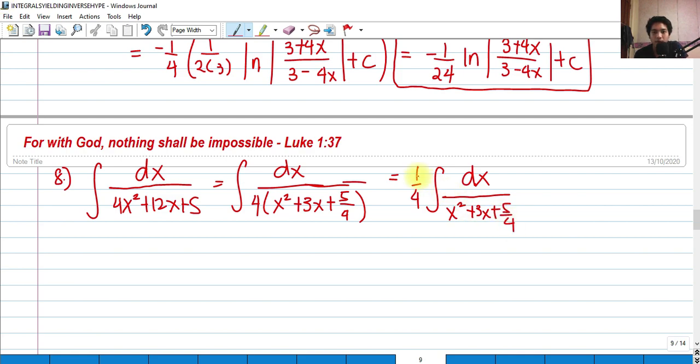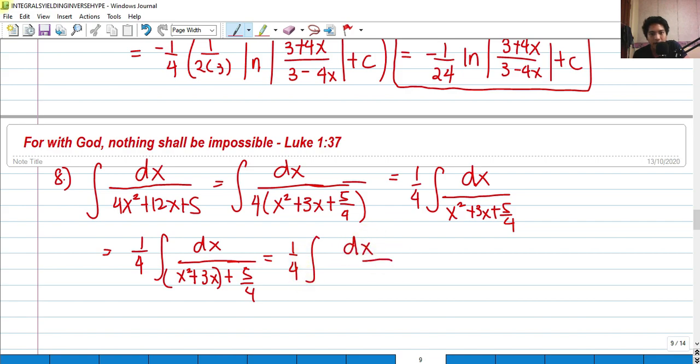So what we are going to do is group the denominator as x squared plus 3x, plus 5 over 4. And we're going to complete the square of this. So upon completing the square, we divide 3x by 2, and that is 3 halves. And we square it.